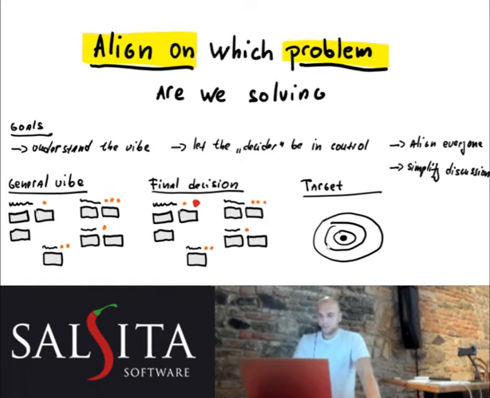And the decider is, in our case, usually the client, because the client is paying for it. And if we prepare some wrong solution, he will be the one bearing the consequences. But the interesting thing is that Design Sprint suggests first that everyone in the group, even those that are not bearing the consequences of the decision, expresses their opinion, and then the final decision is made by the decider.